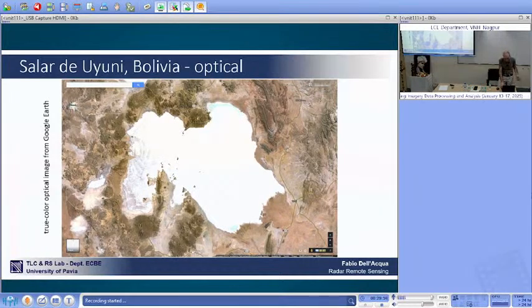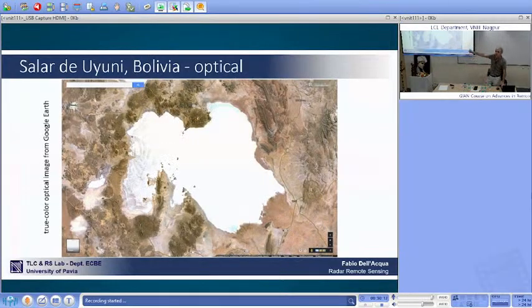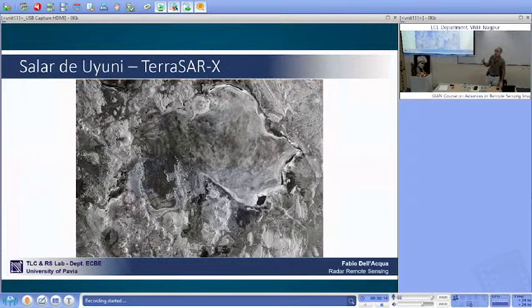Now, if we switch to X-band radar, in this case, we see a completely different landscape. Spatial information still suggests, it's not the same, but still suggests that you're looking at the same place. See, the shape is reproduced there, not exactly because the viewpoint is different. There's a number of differences, but basically the spatial information, the shape, tells me that I'm looking at the same object, but from a very different perspective.